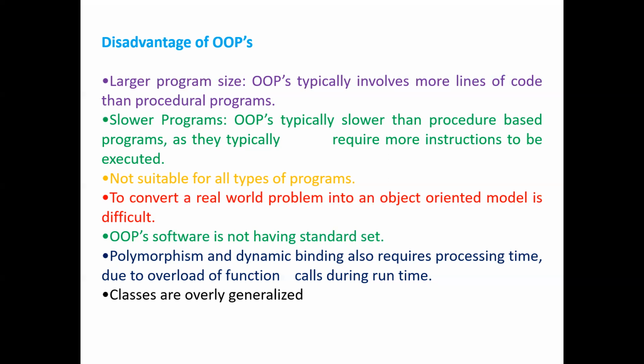Why? It is related to disadvantage number 1, because the length or size of the program is large. Why is it large? Because the number of instructions is more in the program. That's why the program becomes large and the processing speed is slow compared to procedure-oriented programs. This is disadvantage number 2.